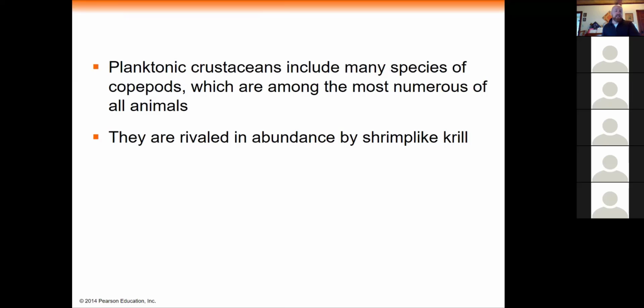But if you get into any lake in the middle of summer and you pull a net through with fine enough mesh, you'll pull up dozens and dozens of these microscopic plankton. They're some of the most numerous animals in the world. It also includes things like krill, which would be the marine bottom of the food chain type of food for tons of stuff.